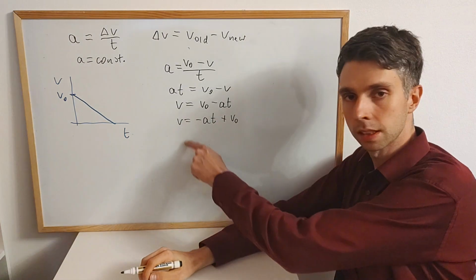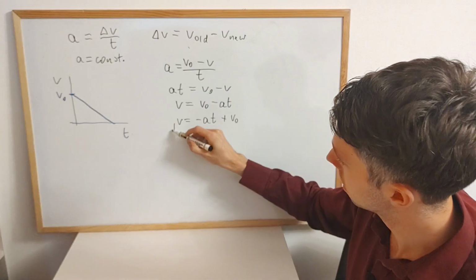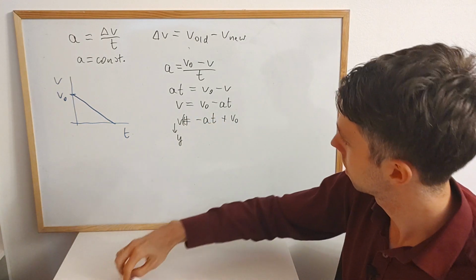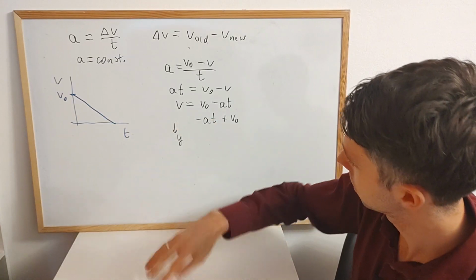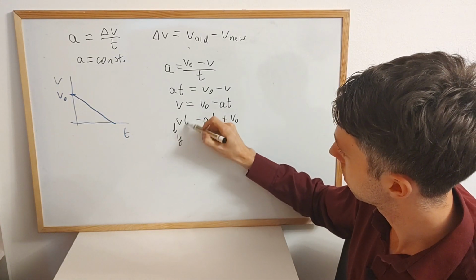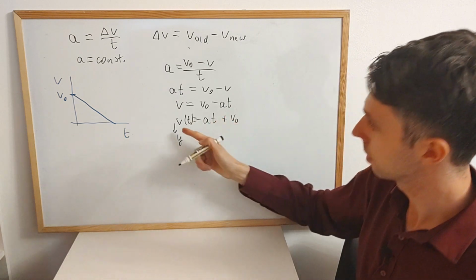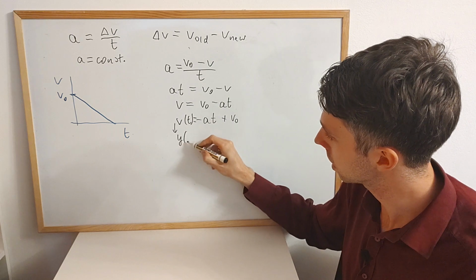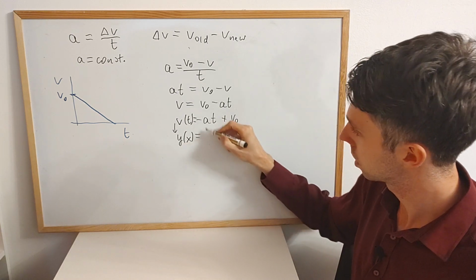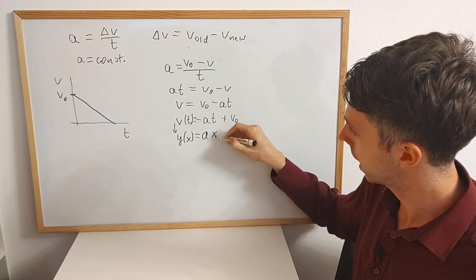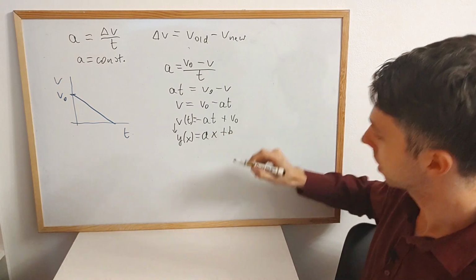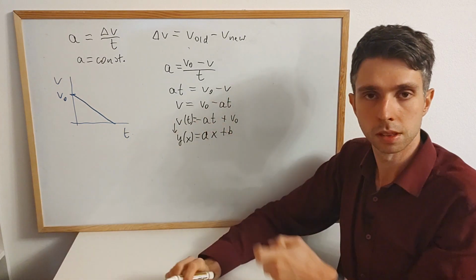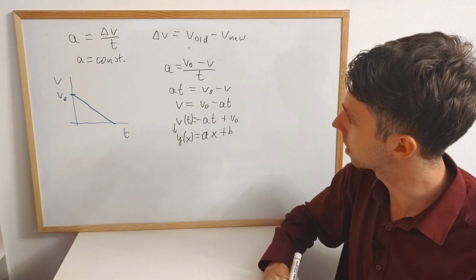So this is like in mathematics, so this is v of t, right? v being a function of time. So this is like y being a function of x. So this is ax plus b, which is a linear function. So this has to be the straight line.